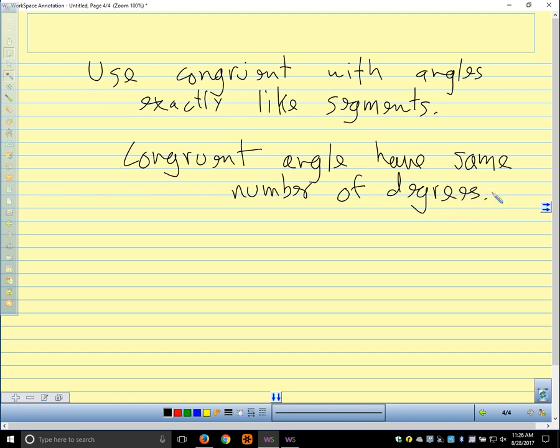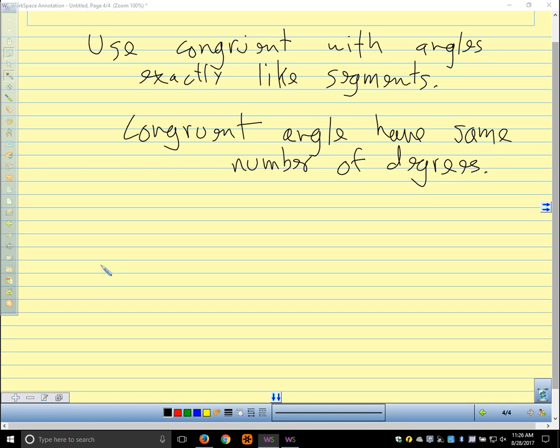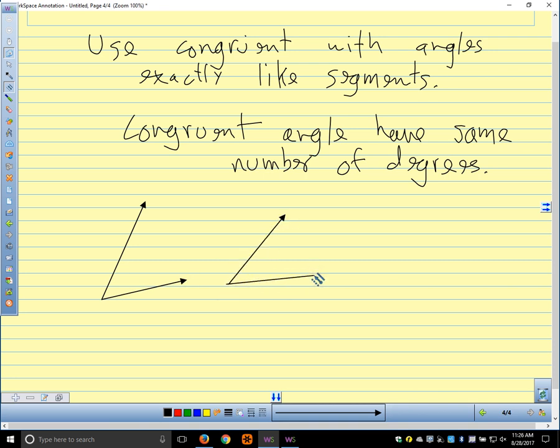Just like congruent segments would have the same number of inches or centimeters or some measurement of length. And we use tick marks just like we do for segments. So if I have two angles, angle A and angle B, and I want to say those are congruent, I have a little arc there, and I would put the same number of tick marks there.